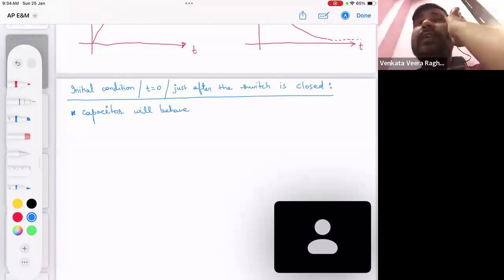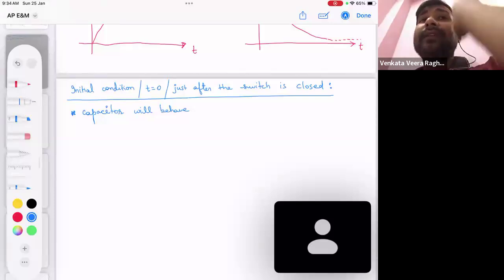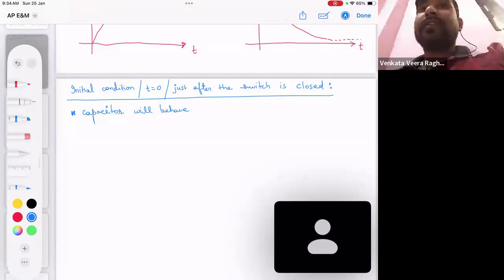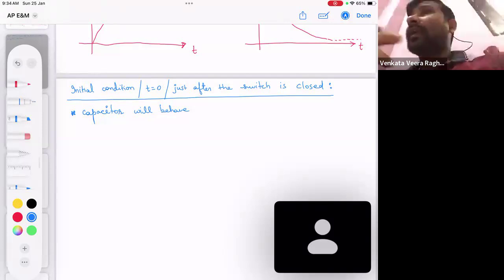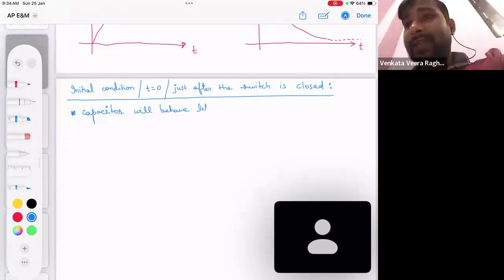Tell me, an element connected in the circuit does not have any potential difference. That means we will call that element short circuited. So the capacitor will behave like what? Like short circuited. And why is it happening?